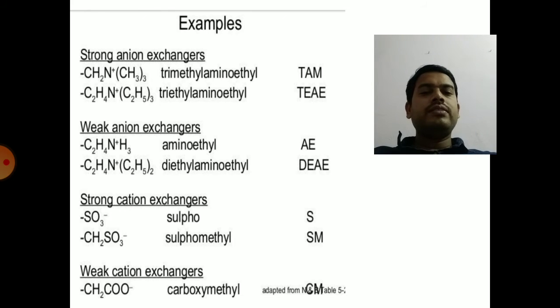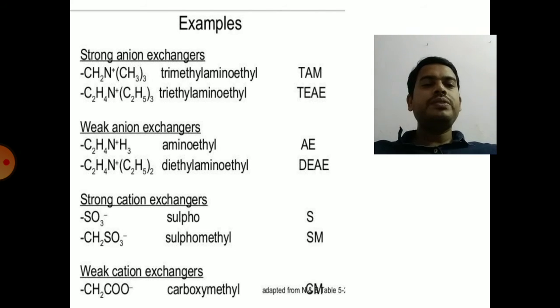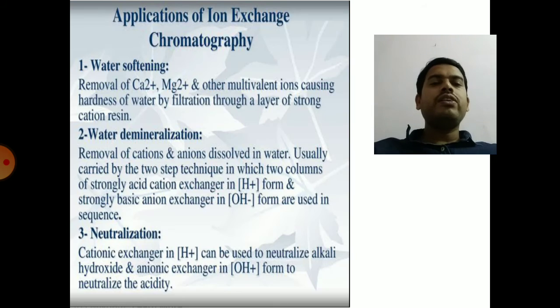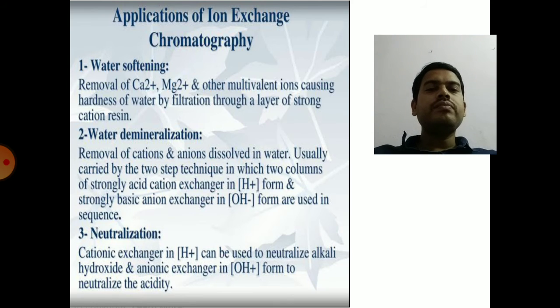Cationic exchangers, that means they contain negative charge: sulfomethyl cellulose, and weak cationic exchanger carboxymethyl cellulose. So these are the examples of the cellulose. These modified groups will give special types of charges to the stationary phase that is packed in the column. So those are examples of cationic and anionic exchangers.